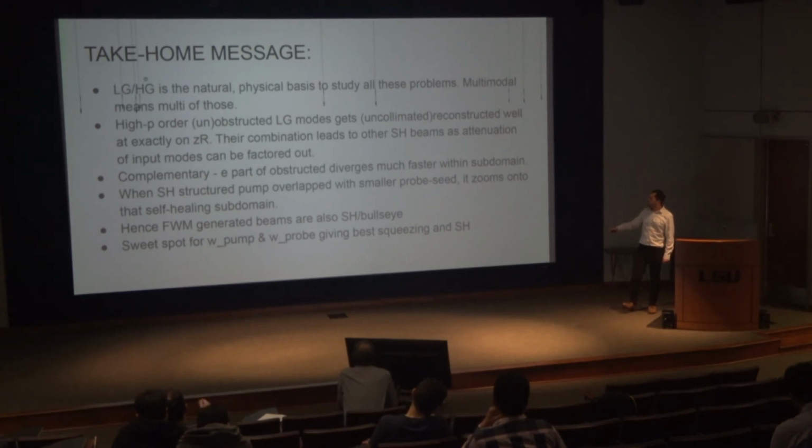And if we use this to pump a nonlinear process such as four-wave mixing, we see that a smaller probe beam will be focusing exactly at the center, leading to squeezing of both unobstructed and obstructed beams.